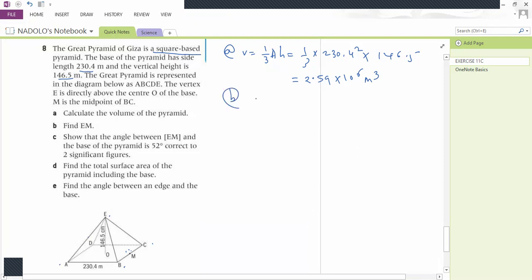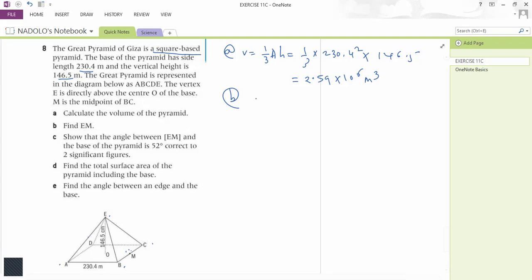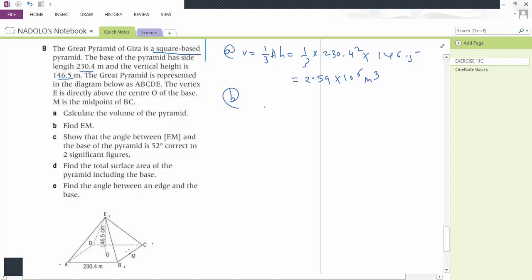Then the second question is find EM. EM is that slant height for that triangle. We have done this in the previous question. So for you to get that, I'm going to draw this triangle that will help us get that. I'm going to draw EO, which is 146.5.